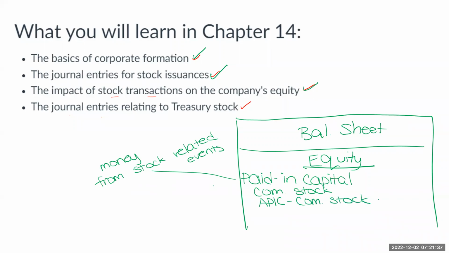We're not going to really focus on preferred stock, but if we had preferred stock it would appear along with APIC preferred stock. And then retained earnings. So now equity is going to be those two categories, but we're changing it from common stock to paid in capital so that it includes all the components that come with those stock transactions.